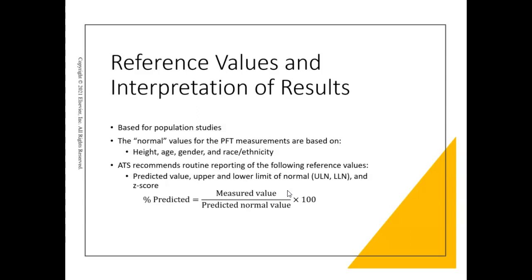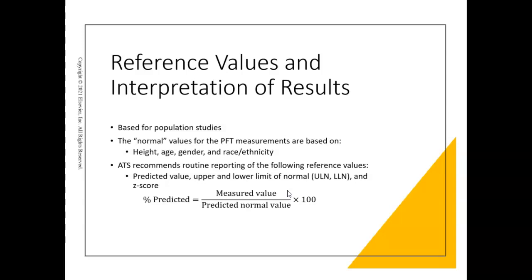The predicted value is simply the average value derived from that population of healthy subjects. The upper and lower limits are mathematically derived to create that range. And typically most healthy individuals are going to fall within this range.